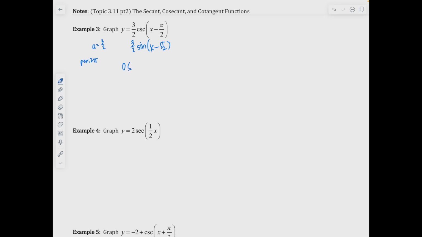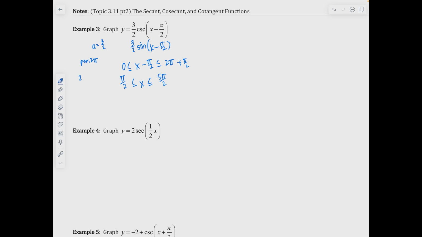I have 0 less than or equal to x minus pi over 2, less than or equal to 2 pi, because that's one period length of sine. I'm going to add the pi over 2 to the other side, so pi over 2 is less than or equal to x, less than or equal to 2 pi plus pi over 2, so that leaves me with 5 pi over 2.